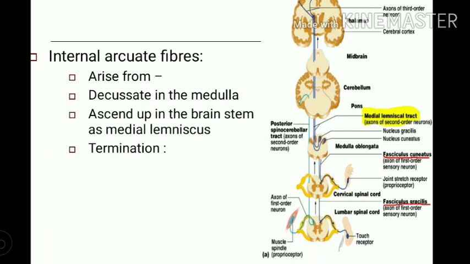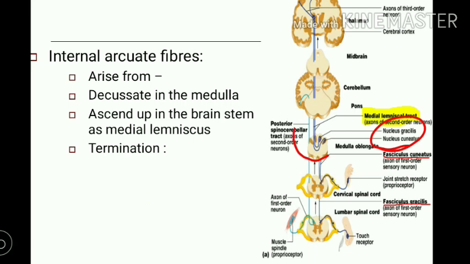Now internal arcuate fibers arise from these nuclei, as we have discussed, nucleus gracilis and nucleus cuneatus, present in the medulla oblongata. You can see these second order neurons cross to the opposite side.